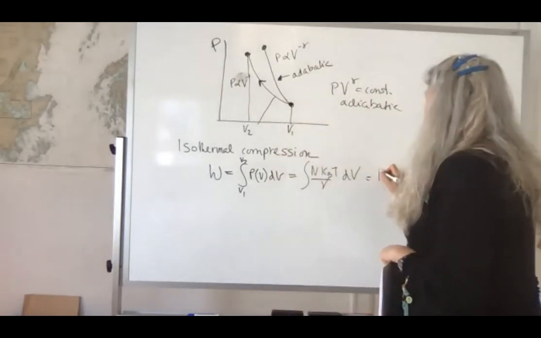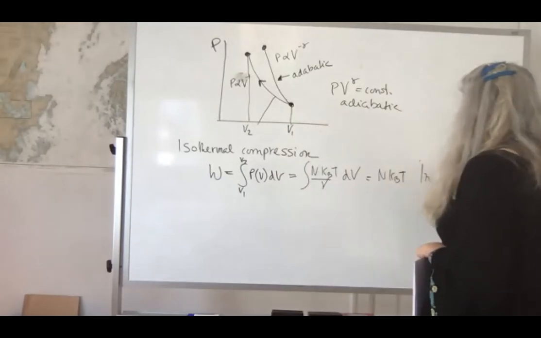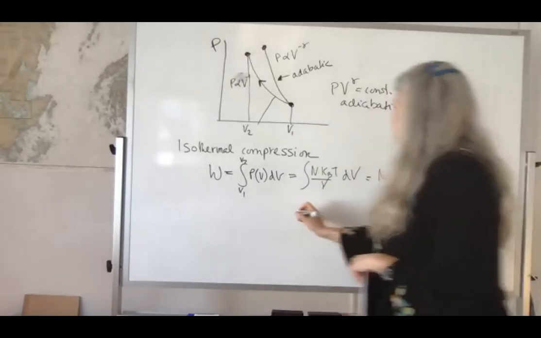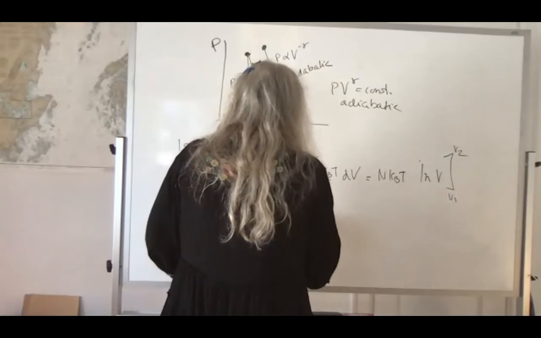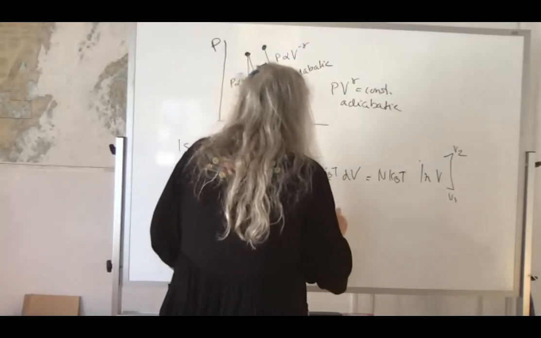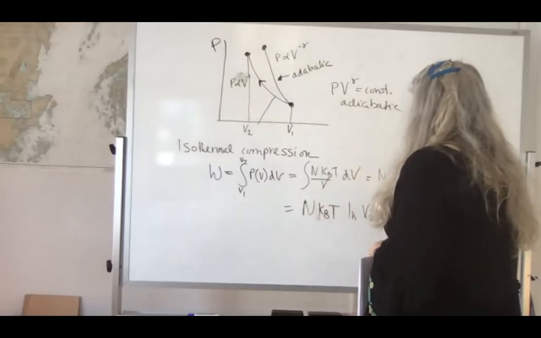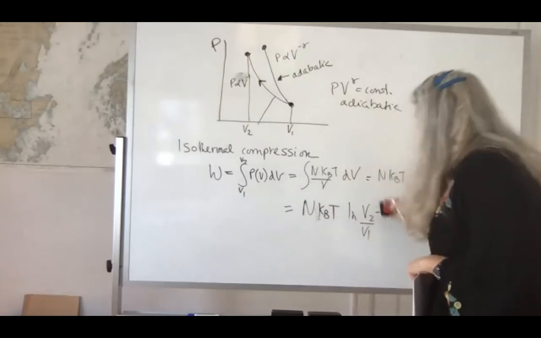And this is N k T integral of ln V from V1 to V2, which is equal to N k T times ln V2 minus ln V1, which I can write as ln V2 over V1.